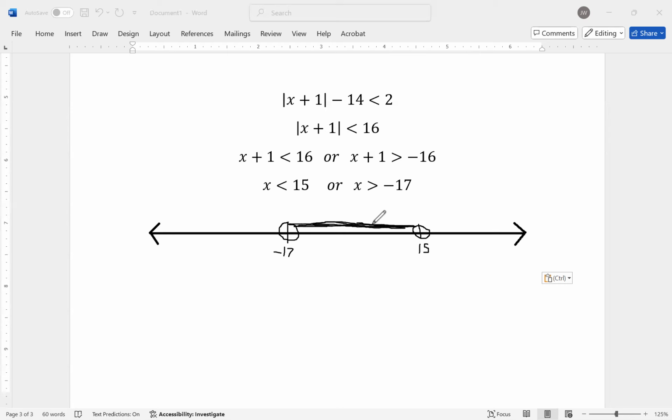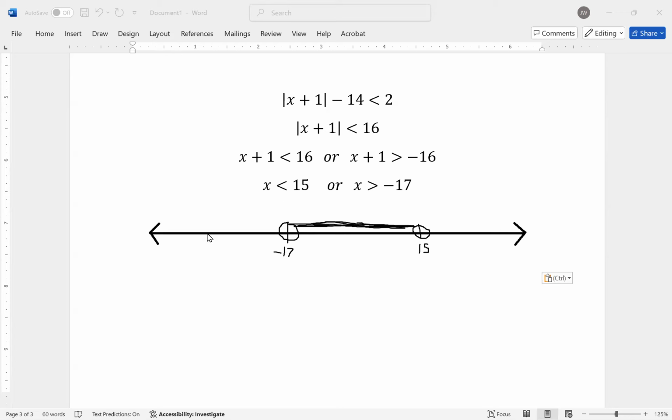Notice that we didn't extend this beyond 15. So x greater than -17, I didn't extend beyond 15. X less than 15, I didn't extend beyond -17. I stopped at those cutoff values. And that's how this interacts.